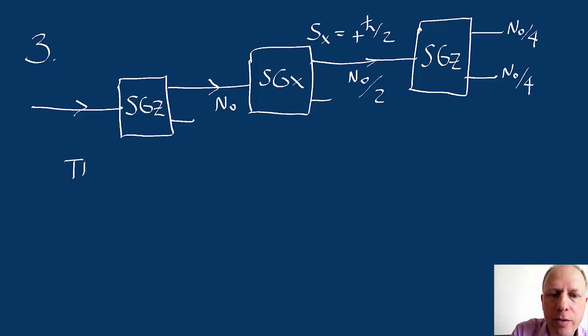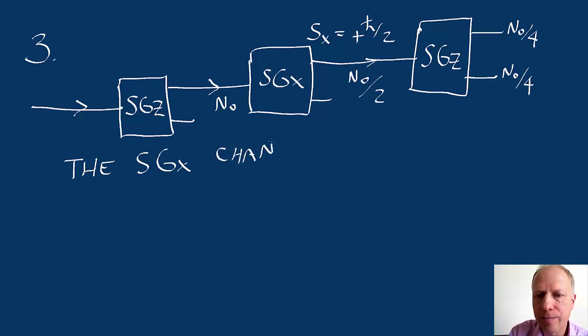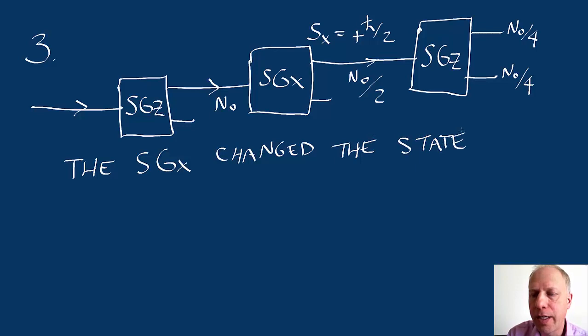So the big story here is that the SGX device changed the state of the particles. Making a measurement of the x component of the spin changed the state, changed the spin of the particles.